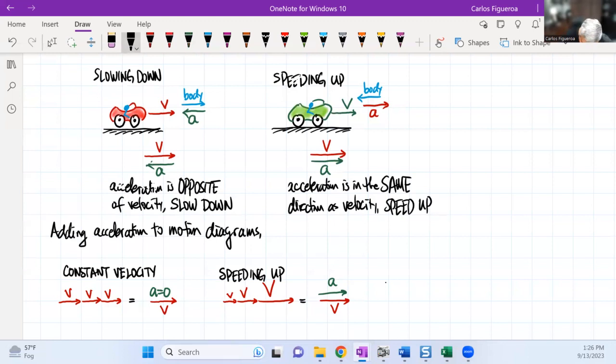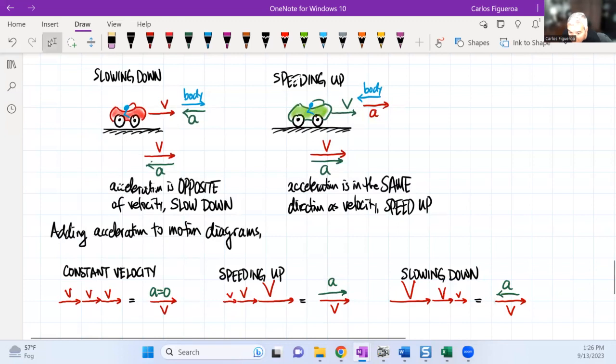And then finally, we could talk about slowing down. Here, we see that our velocity vectors are getting shorter and shorter. Another way that we can write this is to indicate that my velocity is still going to the right, but my acceleration is in the opposite direction. So that is one way that we can actually say this.